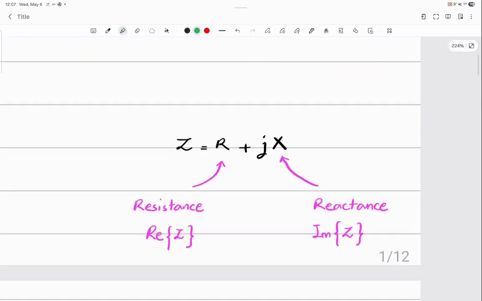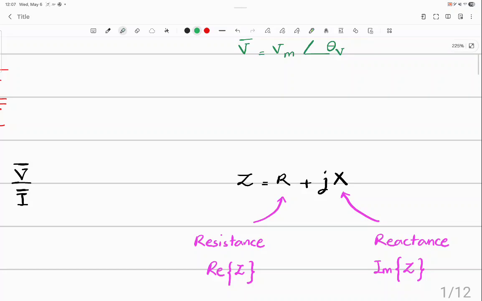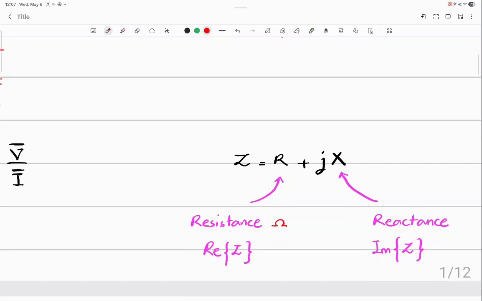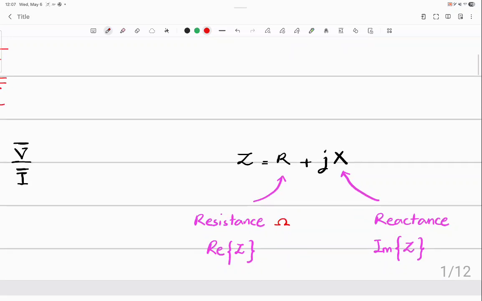And finally, I want you to remember that impedance has two parts, like any other complex number. It has a real value, which is called resistance, the units of which, you all know, is ohm, and reactance, which is the imaginary part, and the units is, again, ohm. What's the units of impedance?